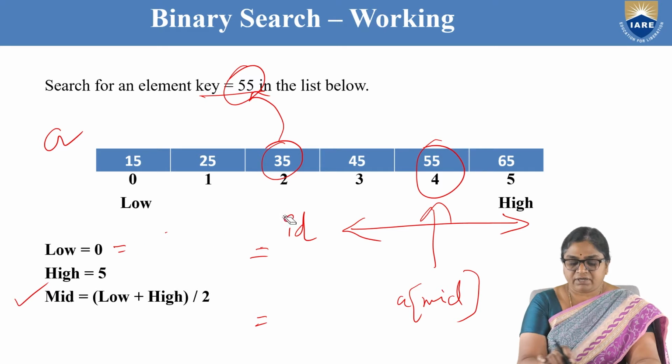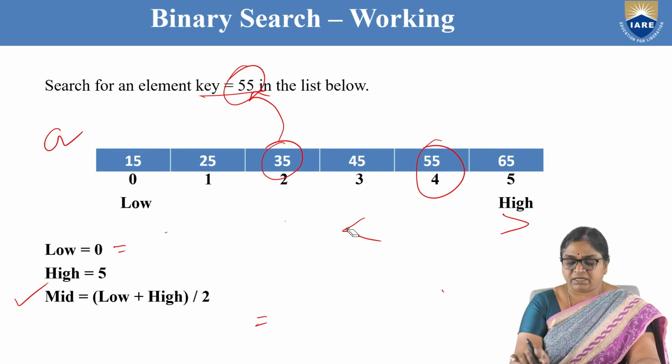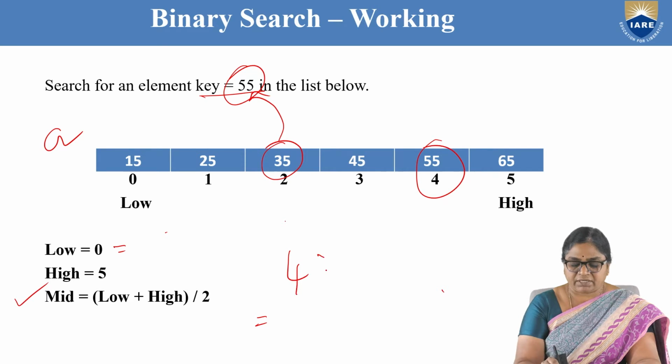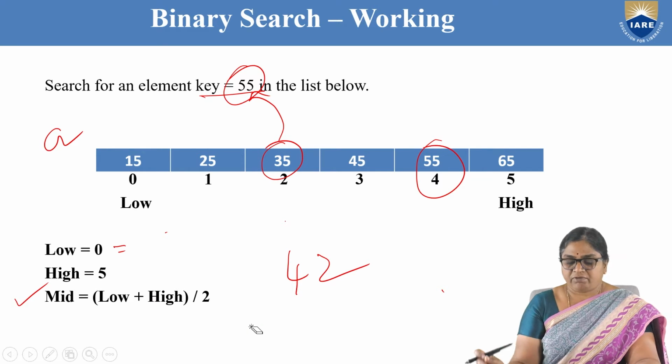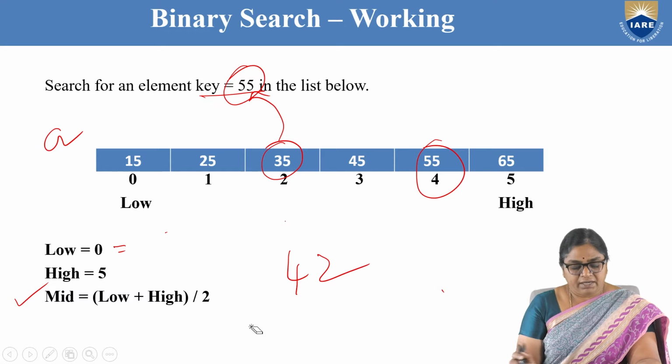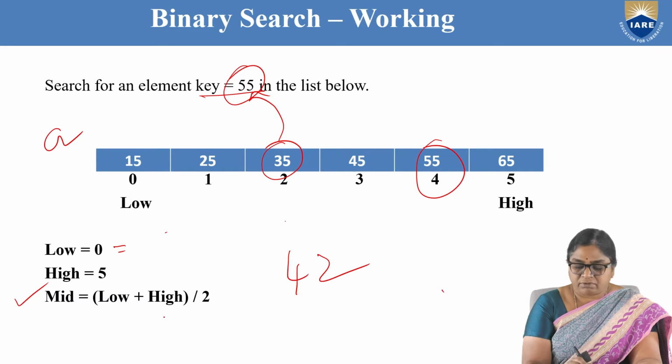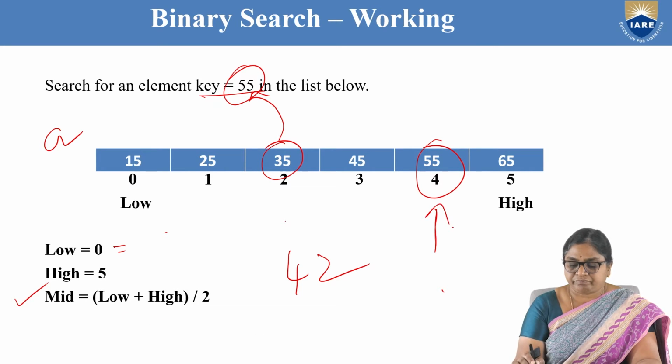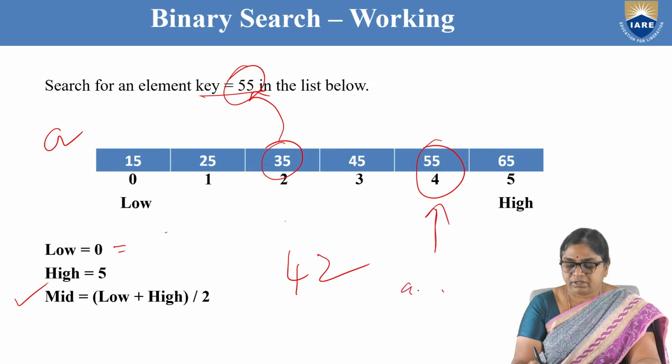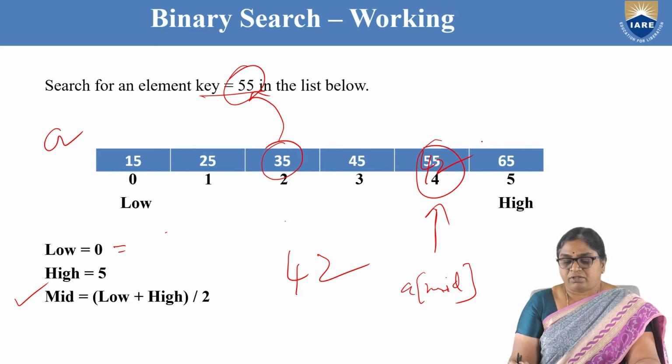Suppose we are checking for an element which is something like 42. Then what happens? Already we came to this, our A of mid. So now instead of 55, it is 42. So is 42 equivalent to 55?